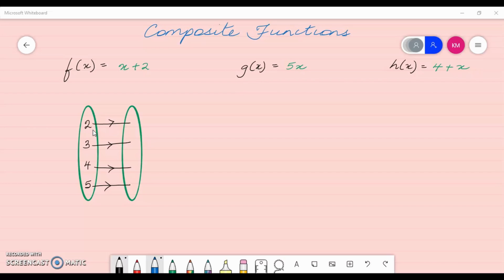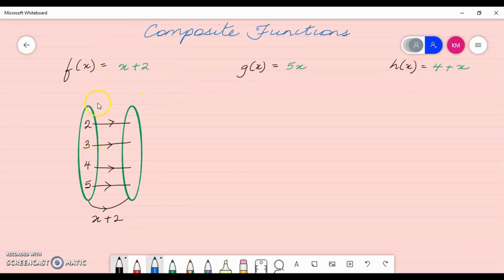Those are the elements of our domain, and we want to find what each one of those elements maps onto in our range. Our function for f is x plus 2, so we write x plus 2 here, and we take each one of these x values or domain values and add 2 to it. That is what this function is telling us to do.